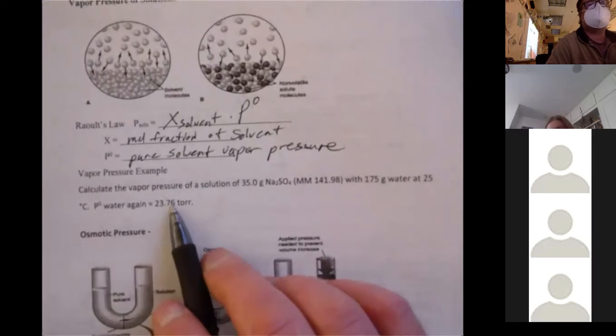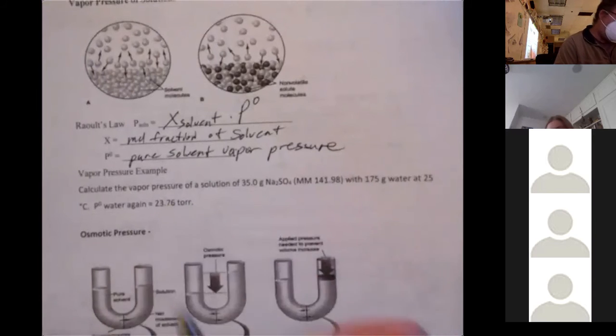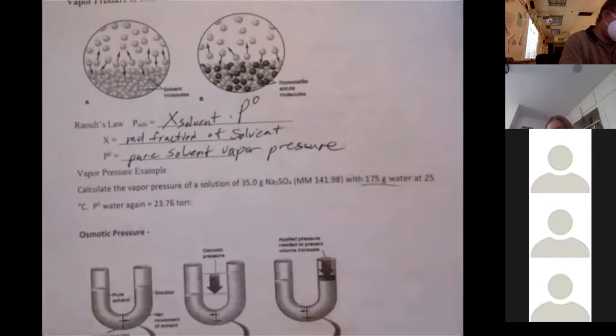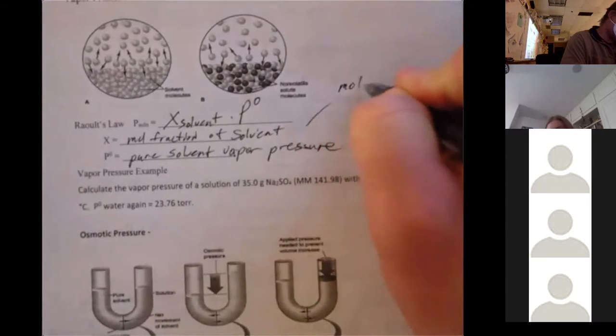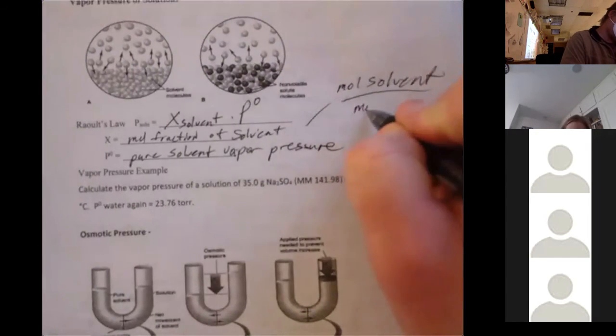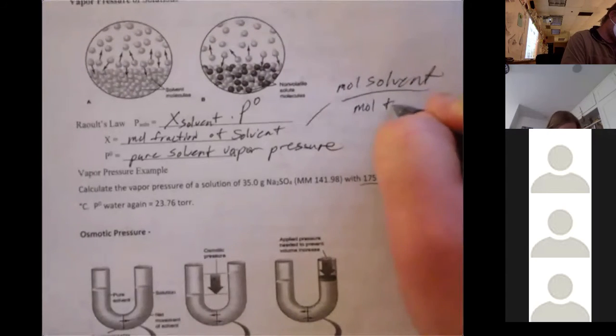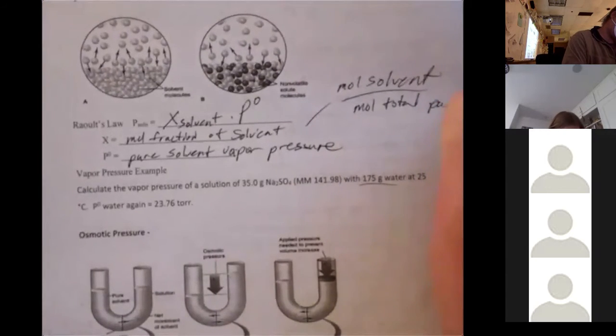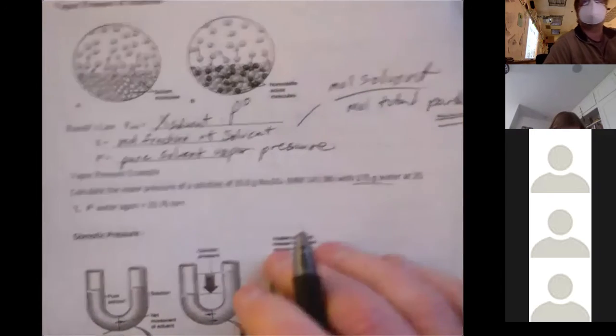This is what we're basing all of this on. We need to find the mole fraction of the solvent. So basically that is moles of solvent over moles total of particles. That's an important word right there.